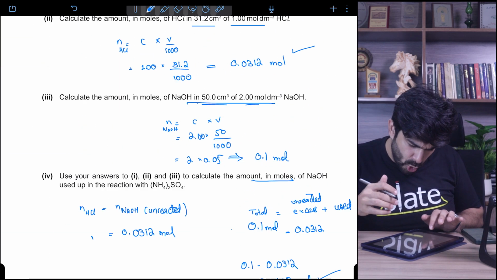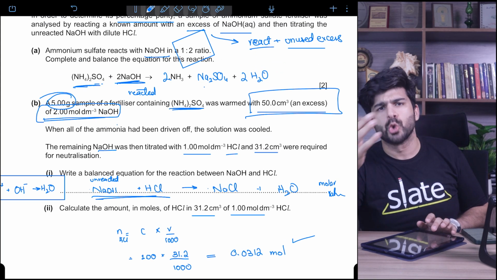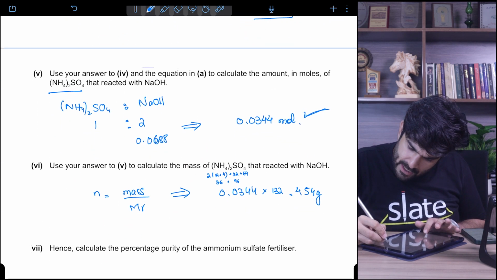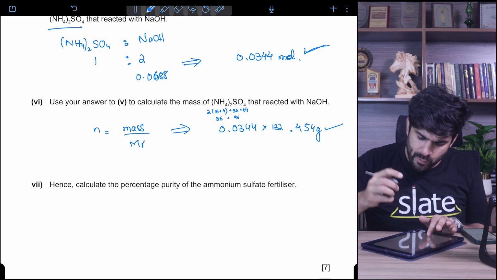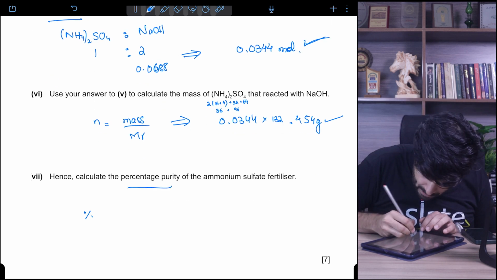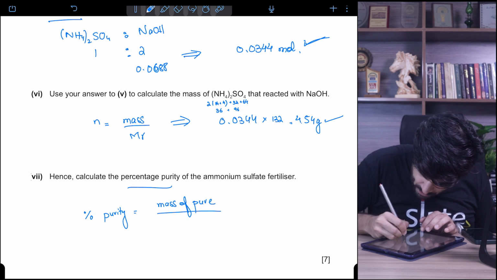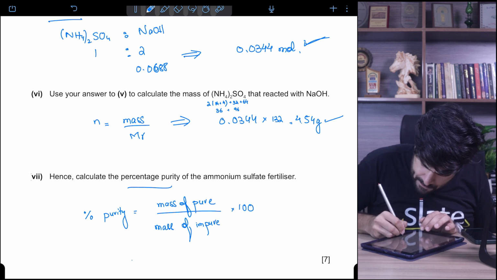Calculate the percentage purity of ammonium sulfate fertilizer. Simple. आपको शुरू में 5 ग्राम सैंपल दिए फर्टिलाइजर का, जिसमें थोड़ा सा ये मौजूद है. कितना मौजूद है? This is the amount in the 5 gram sample. So we would just use the simple formula. Percentage purity equals mass of pure over mass of impure into 100.